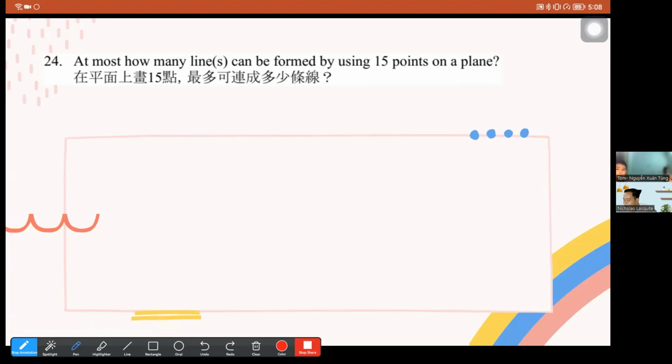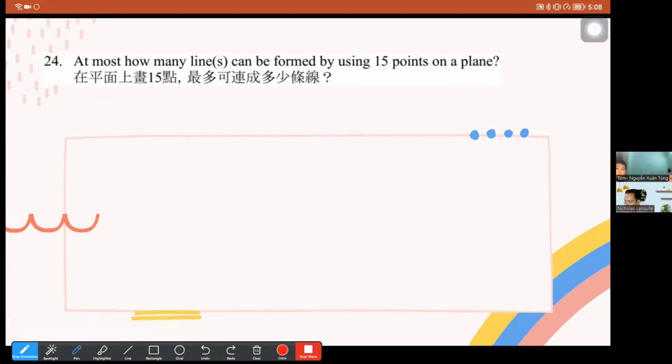So for example, with these points, you only need 2, you only need 2, you only need 2, etc. It's a lot. So if you have 15 points on a plane, you only need to choose 2.